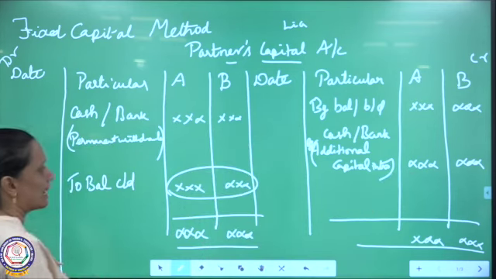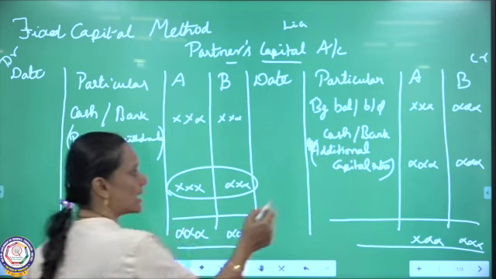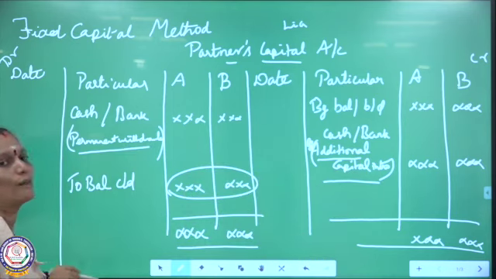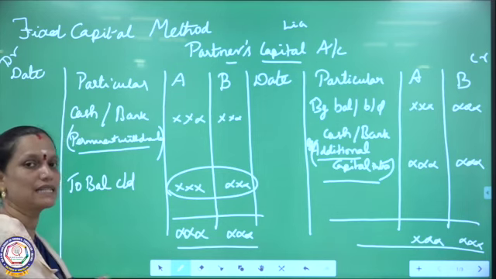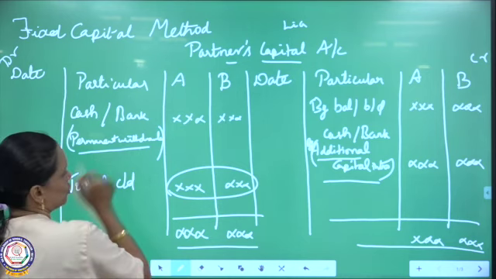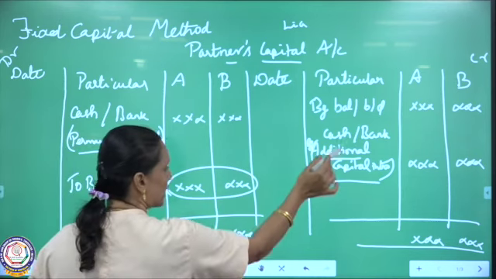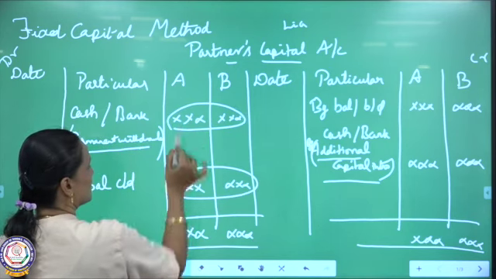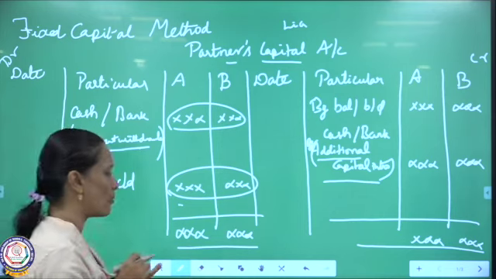Permanent withdrawals, money you withdraw permanently from the business, you should mention here. Then you have to add both the columns and subtract, and you will get the closing balance. So, copy this format.